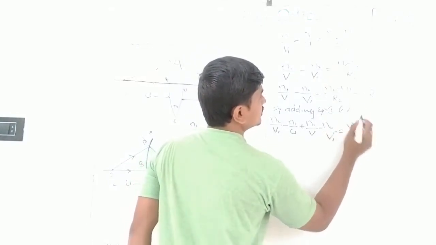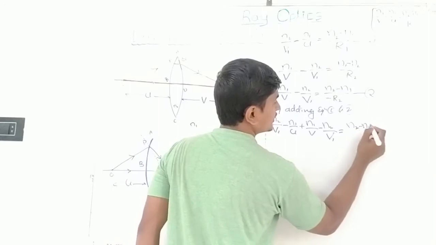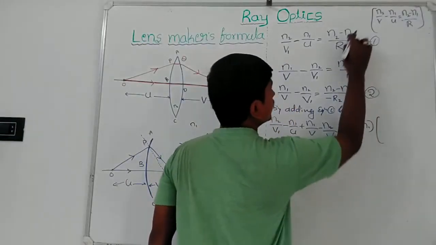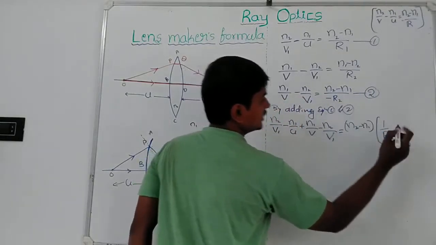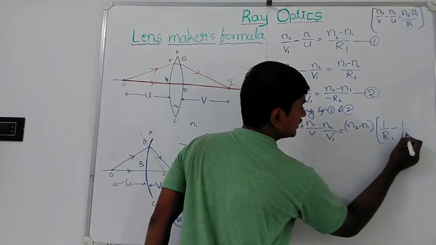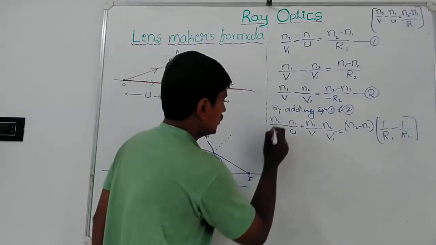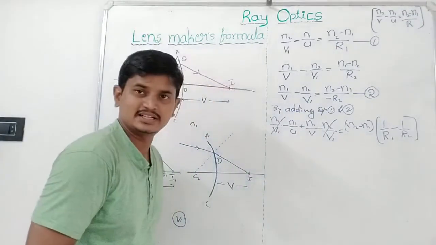This is N2 minus N1, N2 minus N1 common here. That's why N2 minus N1 into, then remaining terms are 1 by R1, and in the second equation, that is minus 1 divided by R2. And so plus N2 by V1 minus N2 by V1 get cancelled.